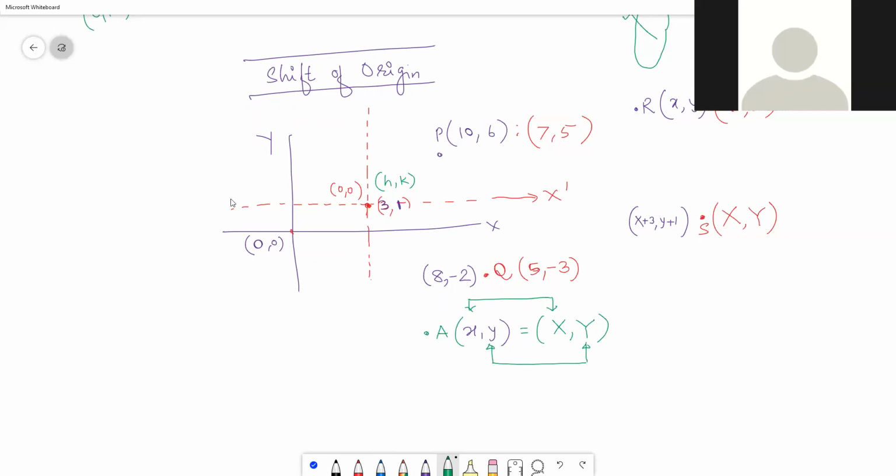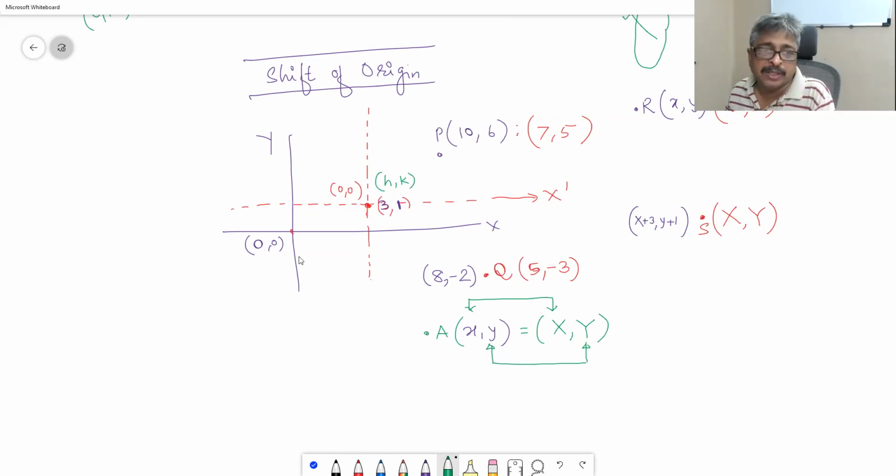Write it down and show it to me. What is the origin shifted to? H comma k. Okay, now h comma k should be in blue.